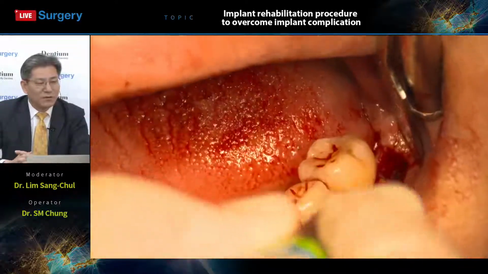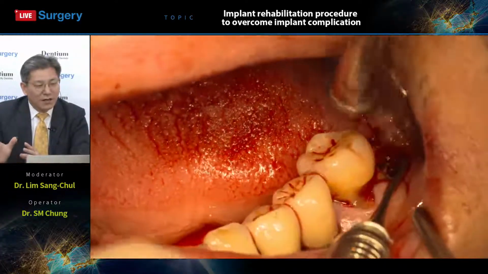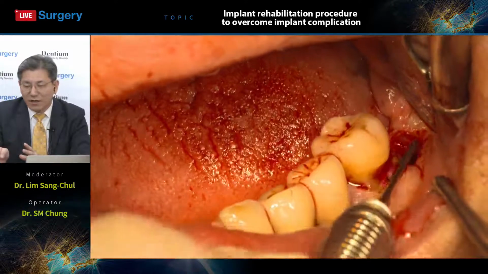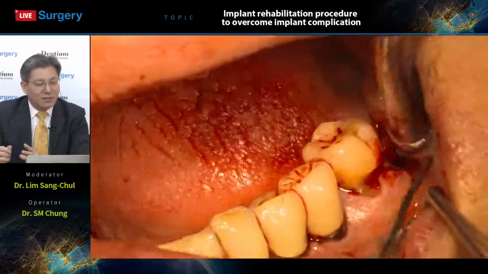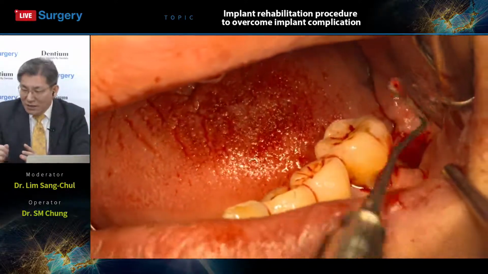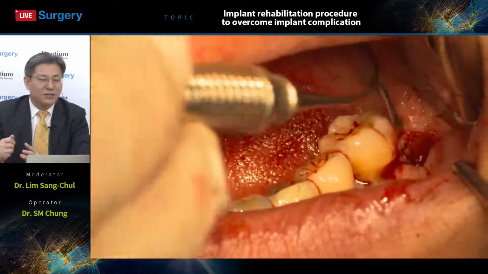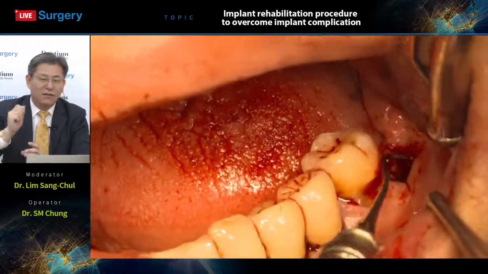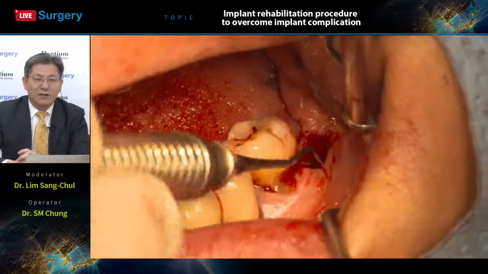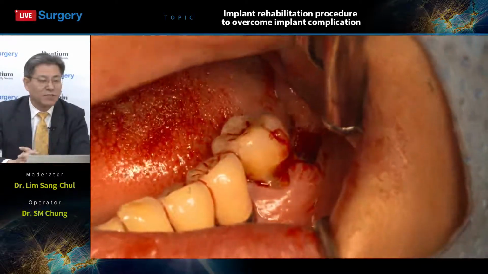Very simple. First, higher RPM with the trephine, and then connect the healing abutment and elevate for luxation, and remove it. That's it. A very simple procedure.